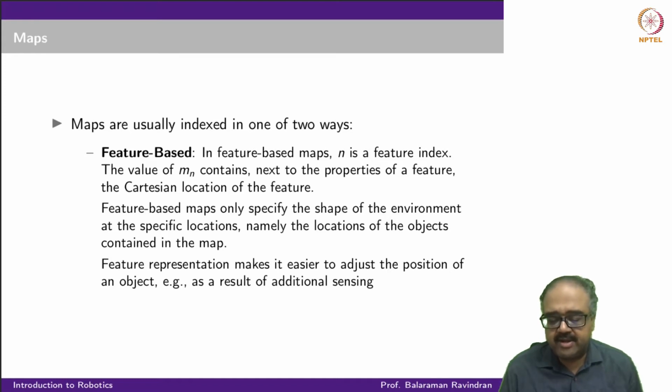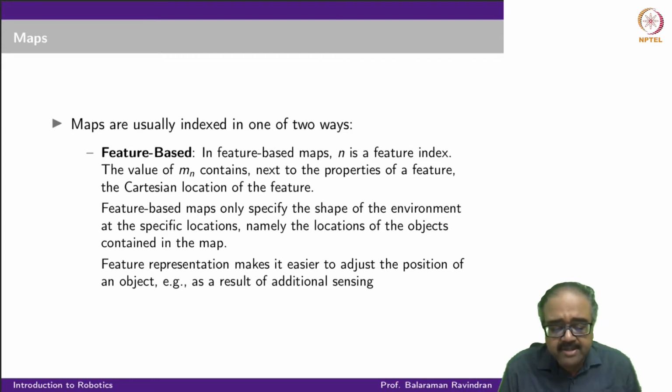So you can say, here at this XY location, I have a feature. It could be a table, in which case I would have some dimensions of the table and so on. So feature-based maps specify the shape of the environment at specific locations, namely the locations of these objects on the map. It doesn't necessarily give you a complete description of the shape of the environment where there are no objects.